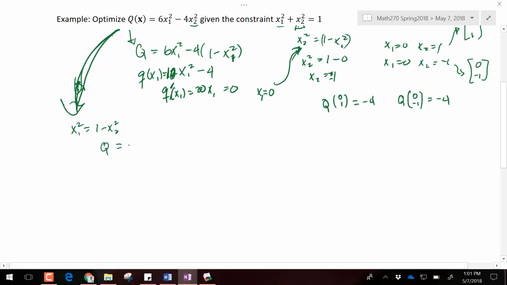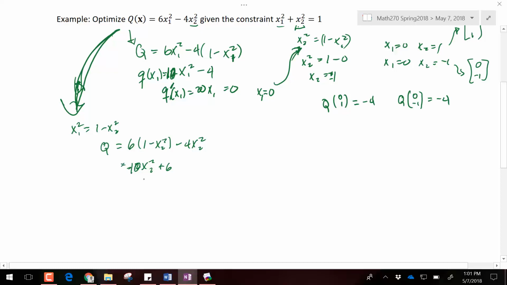So Q is equal to 6 times (1 minus x2 squared) minus 4 x2 squared, and this will give us 2x2 squared minus 10 plus 6.